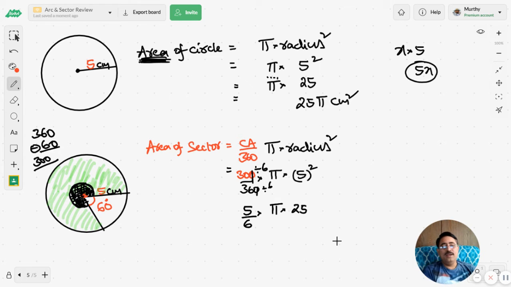Let me multiply 5 times 25, that gives me 125 over 6 pi. What are the units? Centimeter square. This is the area of the sector of the shaded region. Okay. Any questions on this?